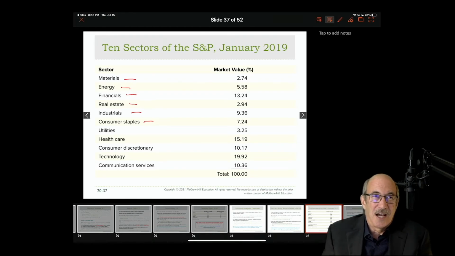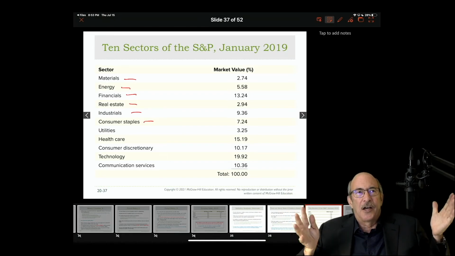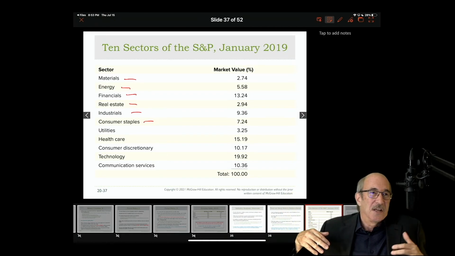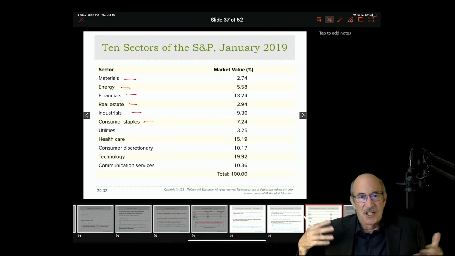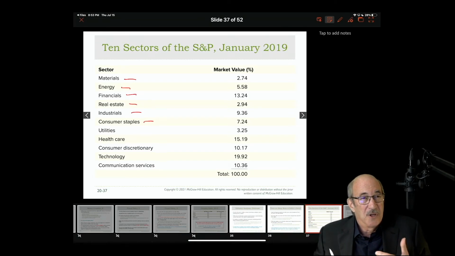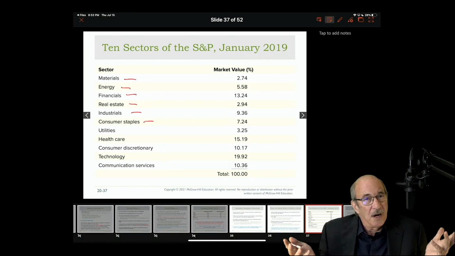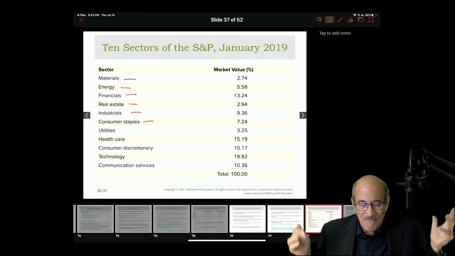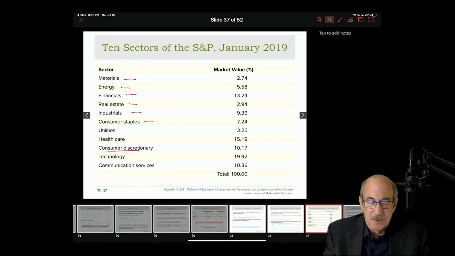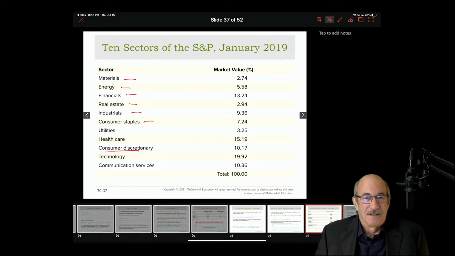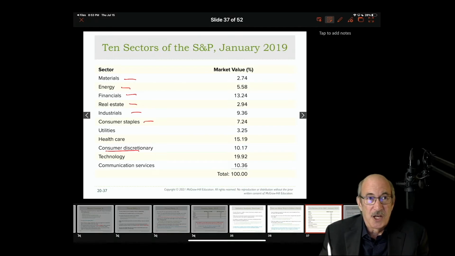It doesn't tell you a lot because there's such a broad swath of businesses, and some may be very unrelated to the others. I think your authors talk about Starbucks versus Ford. Are they really the same? I don't know, but they're both in consumer discretionary. I don't think they're quite the same, though. But it still does help us to know, is that sector expanding? Is it growing? Or is it contracting? Is it staying about the same?